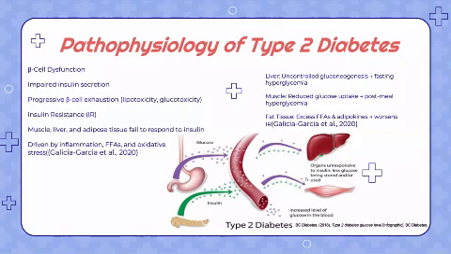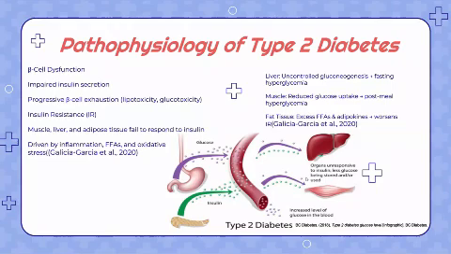In addition, fat tissue releases substances that further interfere with insulin's action. All of these factors together can lead to persistently high blood sugar, as you can see in this slide and in this picture.